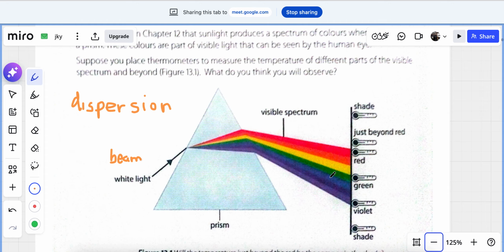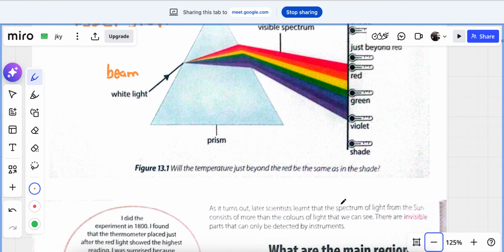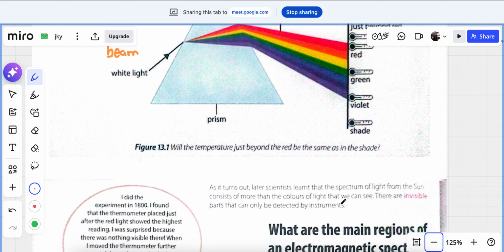The mnemonic for remembering these colors is ROYGBIV. First is red, then orange, yellow, green, blue, indigo, and then violet. So several different rainbow colors are produced, and this process is known as dispersion.